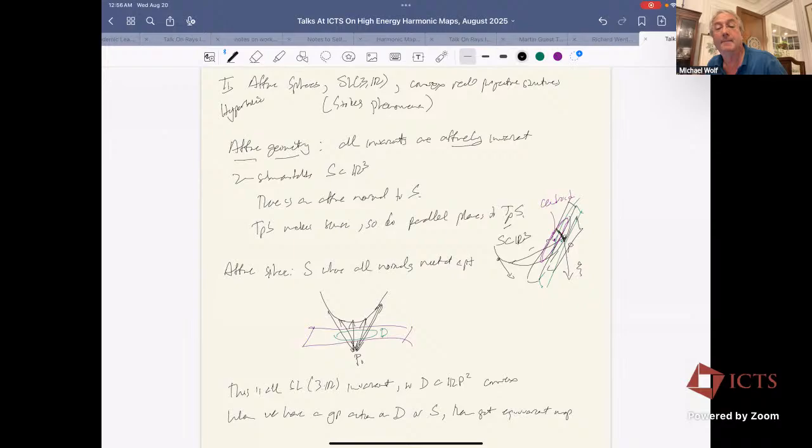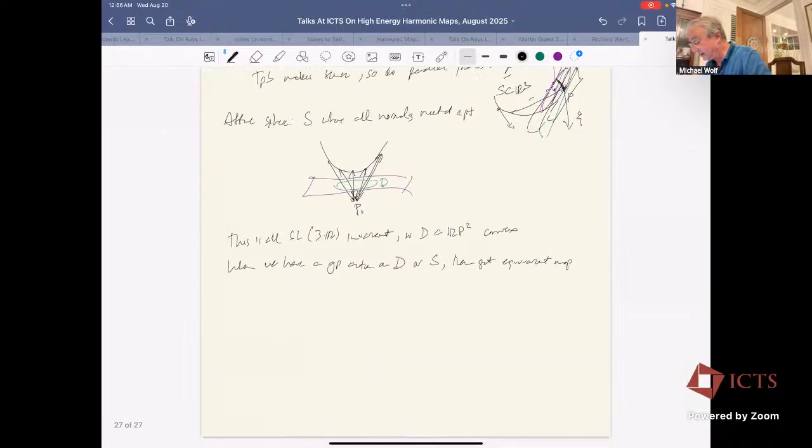Okay. Now, I have to say a little bit more. I'm trying to balance how much I say. Everything in affine geometry involves one more derivative than you would expect in Riemannian geometry. It's kind of just a rule.